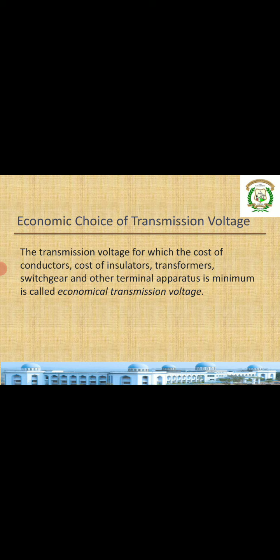So interest and depreciation of the capital outlay cannot be determined absolutely. That's why there are some defects in Kelvin's law, but we can calculate the economic choice of the transmission voltages.